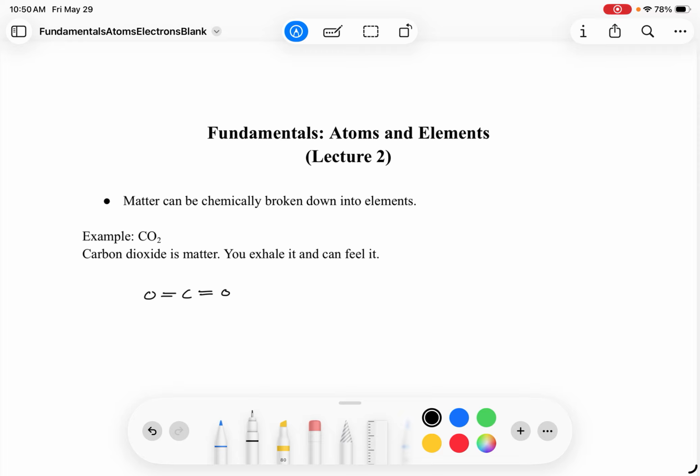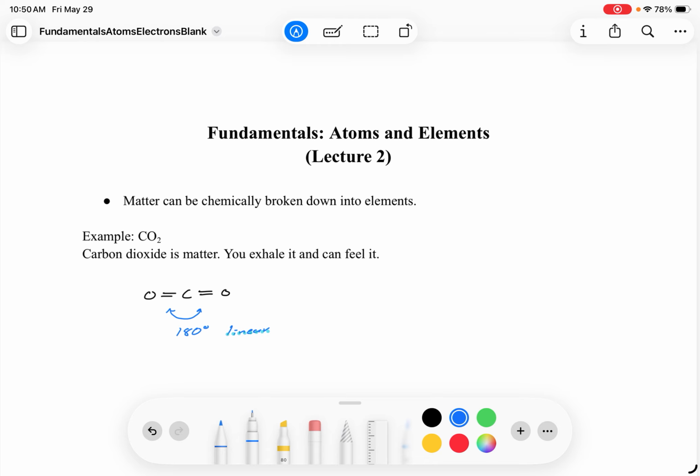So right here we have carbon dioxide, which is CO2, and it has a bond angle of 180 degrees. And so this is what we would call linear. So remember that oxygen is more electronegative than the H's in H2O. Remember that from last lecture.